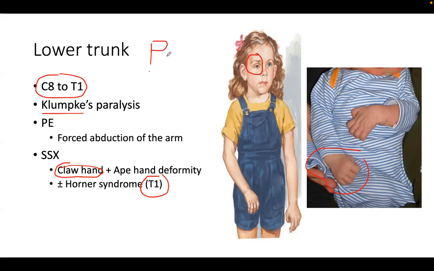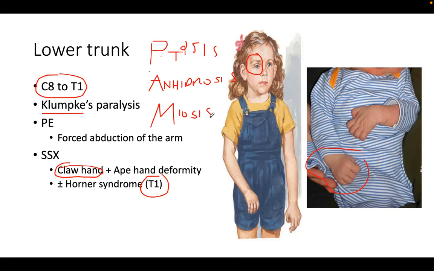What is Horner syndrome? This is PAM. There's ptosis, drooping of the eyelids. There's anhidrosis, so there's loss of sweat. And there's miosis, constricted pupils.